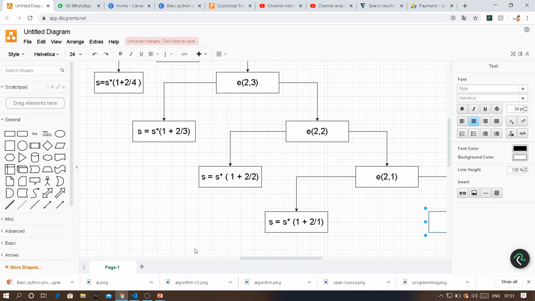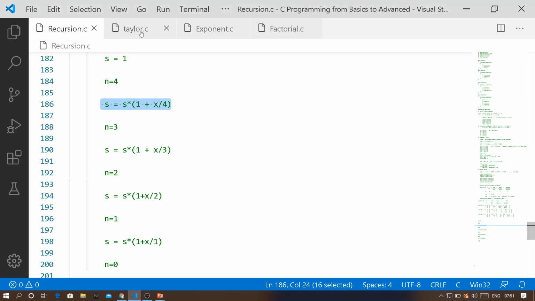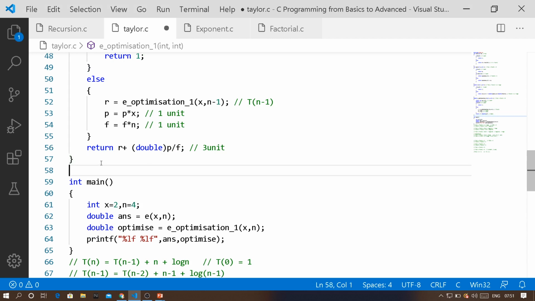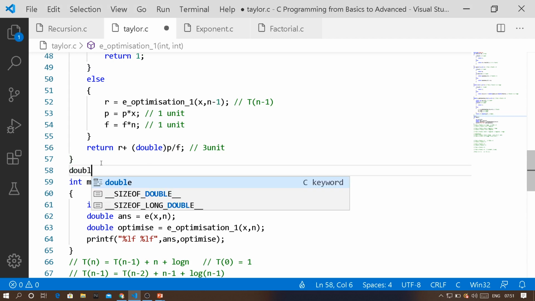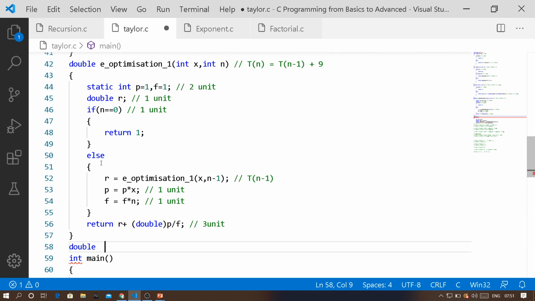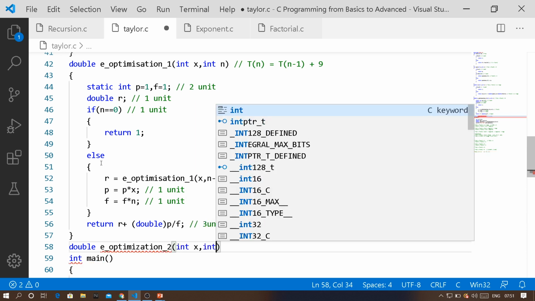Okay, fine. So now we will go to Taylor.c, and we will start writing one more function. The return type is going to be double, and we'll call it e underscore optimization underscore 2, taking the same arguments x comma n.